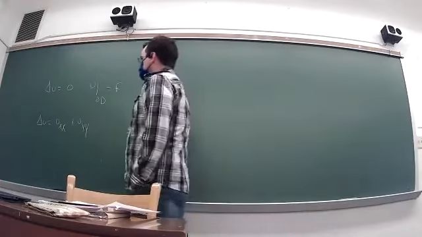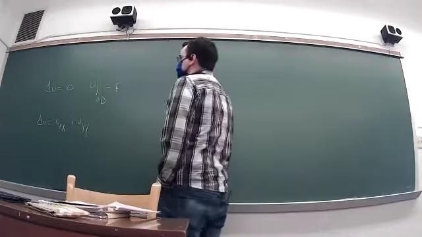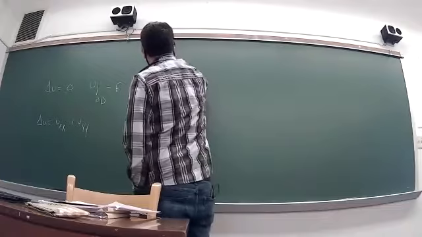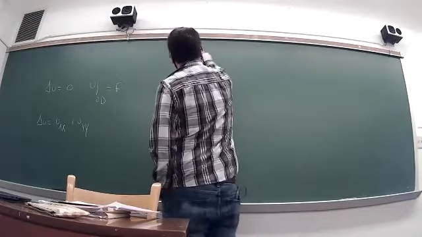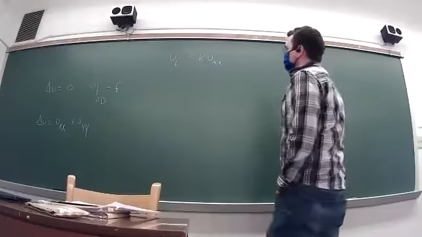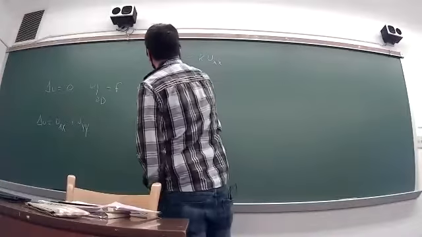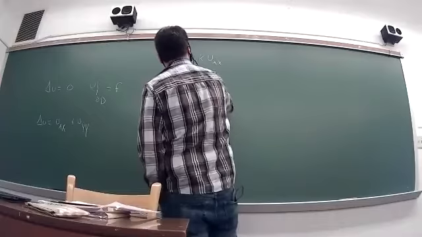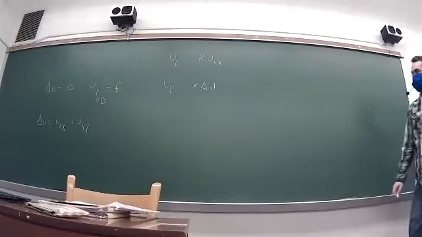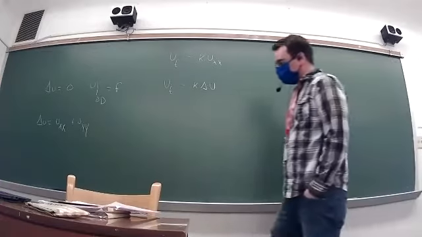Why is this preliminary to solving the heat equation on a disk? Well, you have your standard heat equation, and the heat equation on a disk will look like the time derivative is k times the Laplacian of u.